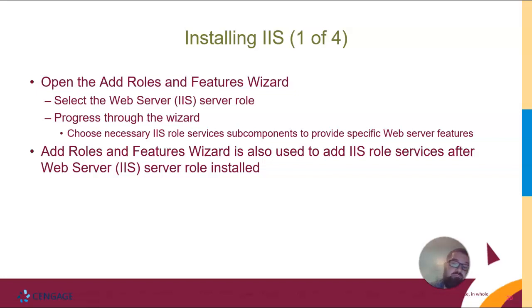Say you need to add a service after you've already run the wizard for IIS. You can do it again and just add what you need. Like if you forgot to provide HTTP redirection, you can go back and rerun the wizard and add that feature.